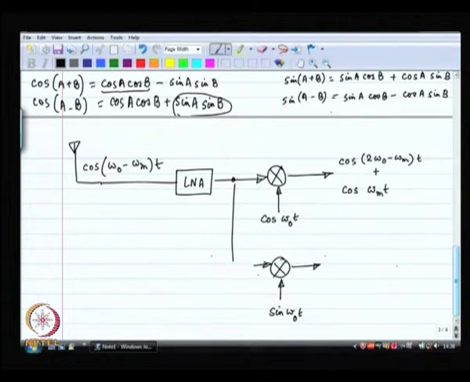What is cosine times sine? Cosine times sine looks like the difference of two sines. Sine of minus theta is equal to minus sine theta.